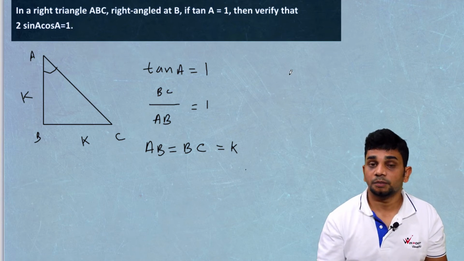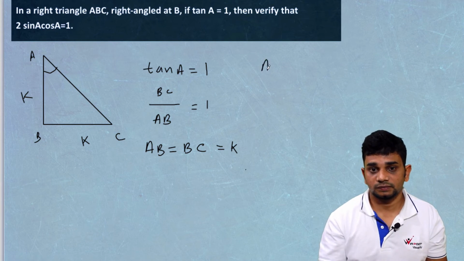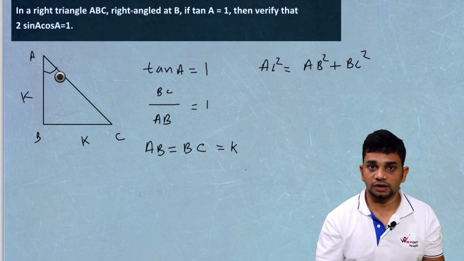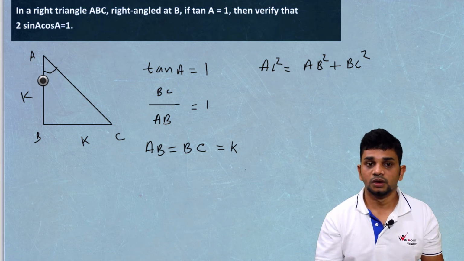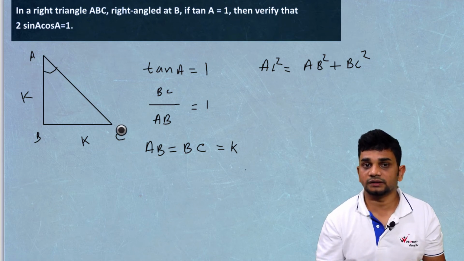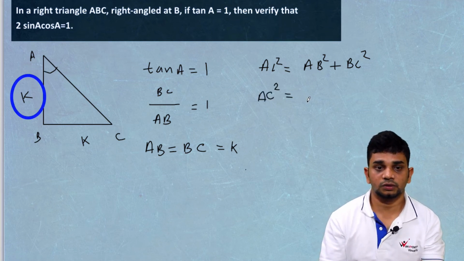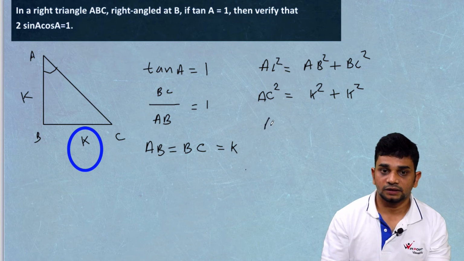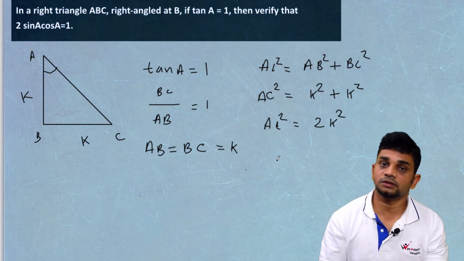Can we find AC from here? Yes, we can use the Pythagoras principle. AC square will be equal to AB square plus BC square, where AC is the hypotenuse. AC square is equal to AB square, K square, plus K square, since BC is also K. AC square equals 2K square.